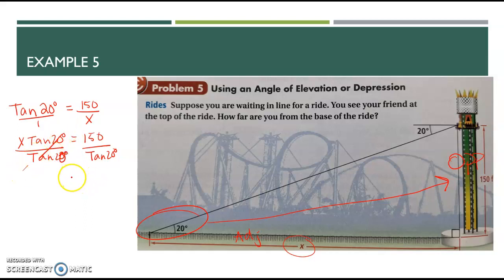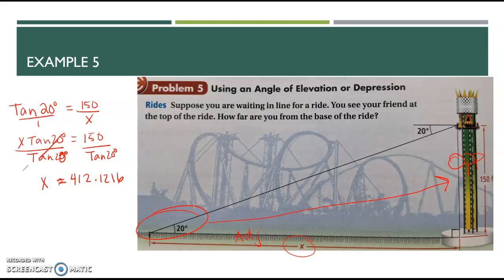Over here, the tangent 20 degrees goes away, and we're left with just x. I'm not going to take the time to go to the calculator. When I type 150 divided by tangent 20 degrees into the calculator, I'm going to get approximately 412.1216.